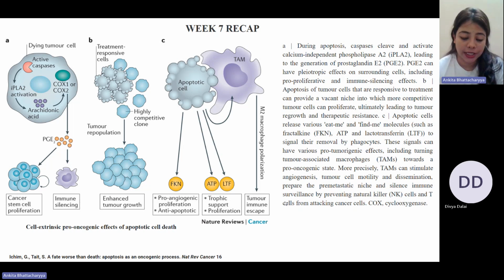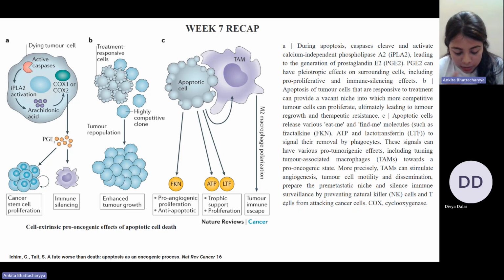So within a tumor cell undergoing apoptotic cell death, the active caspases, apart from doing their destined job, are also leading to the activation of one enzyme, that is iPLA2. What does it do? It releases arachidonic acid, which activates COX-1 or COX-2, which effectively leads to the release of prostaglandin E2.